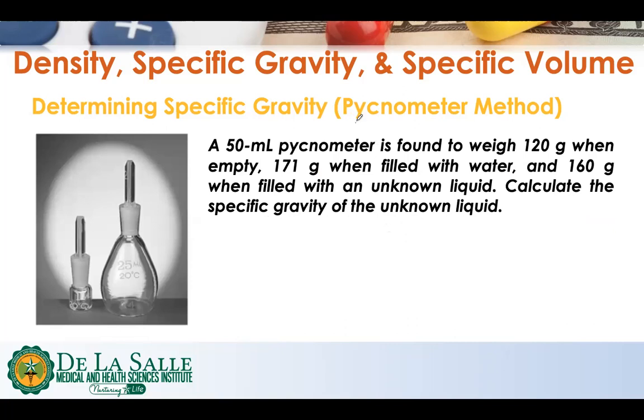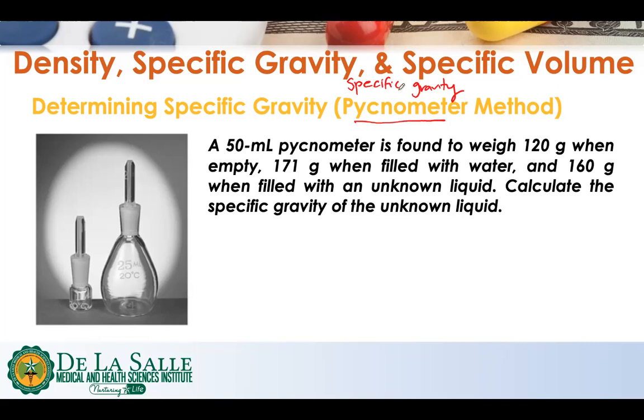A pycnometer is also known as the specific gravity bottle. A specific gravity bottle is similar to your volumetric flask, except that the specific gravity bottle does not have a long neck before the stopper.